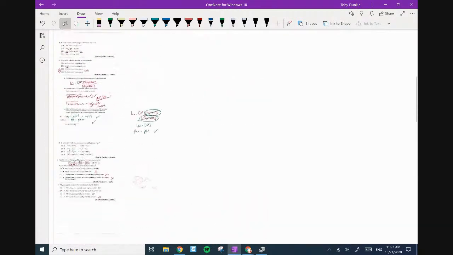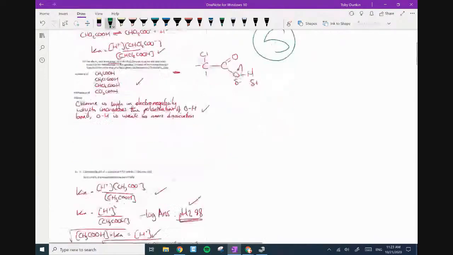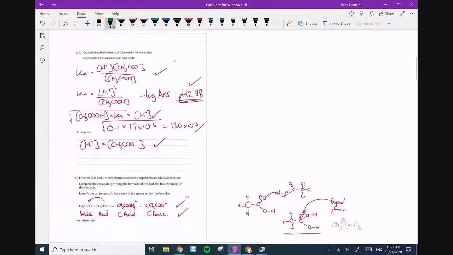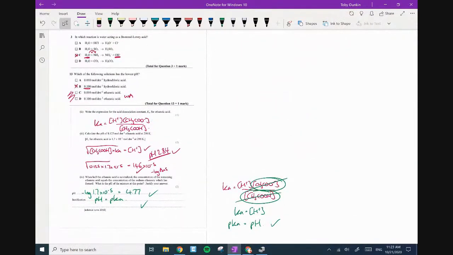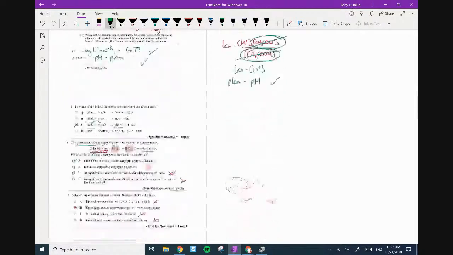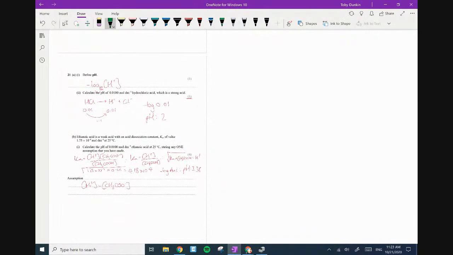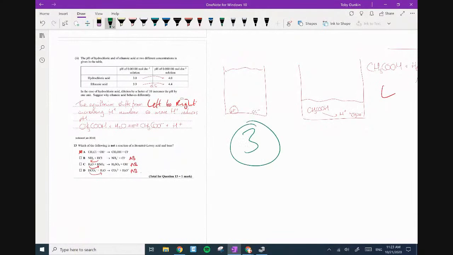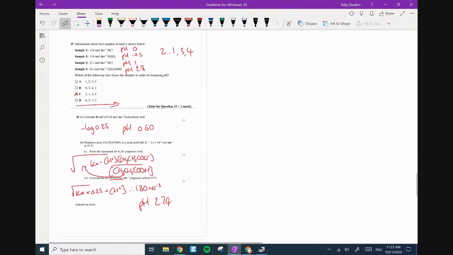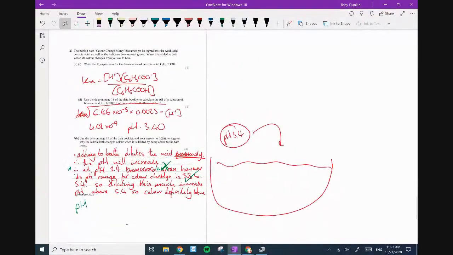Let's add up the marks for this, because that was a big homework. 5 marks for the first page, and then 6 marks for the second page, and then 7 marks for the third page, and then 3 marks for the fourth page, and then 6 marks for the fifth page, and then 3 marks for the next. 5 marks for that page, and then, holy moly, this was a long exam. 7 marks.